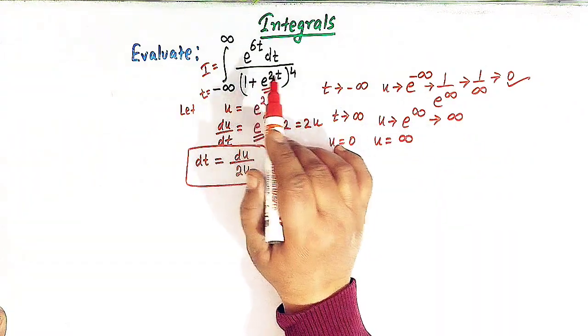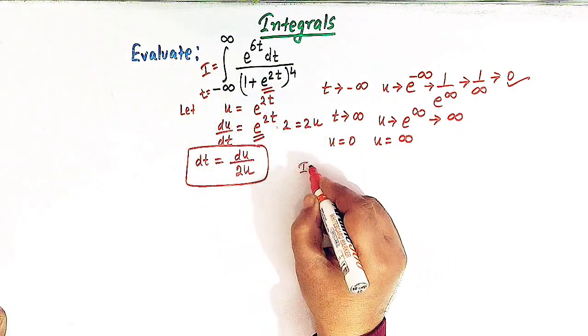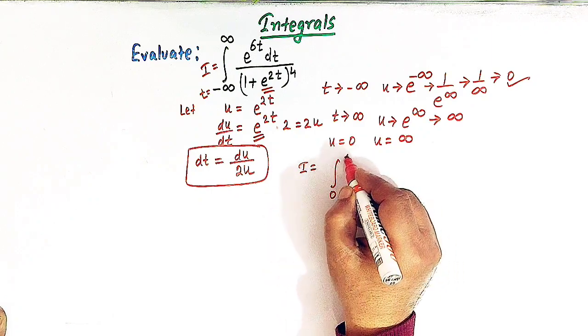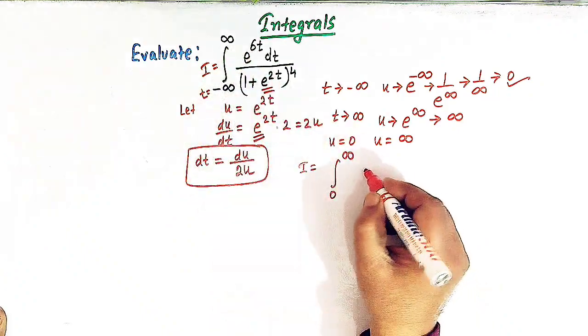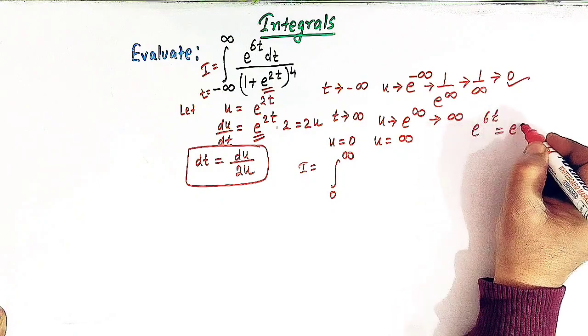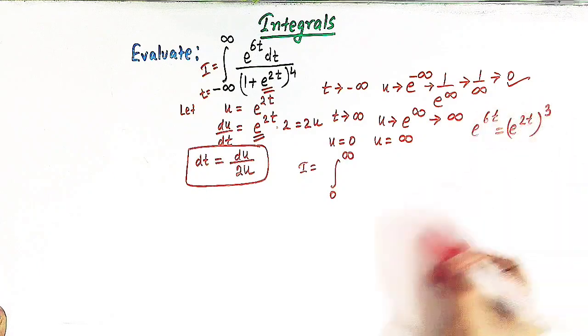So now let us write this integral in terms of u. So I is now equal to the integral from 0 to infinity, e raised to 6t can be written as e raised to 2t, and here we can take the power 3, right?